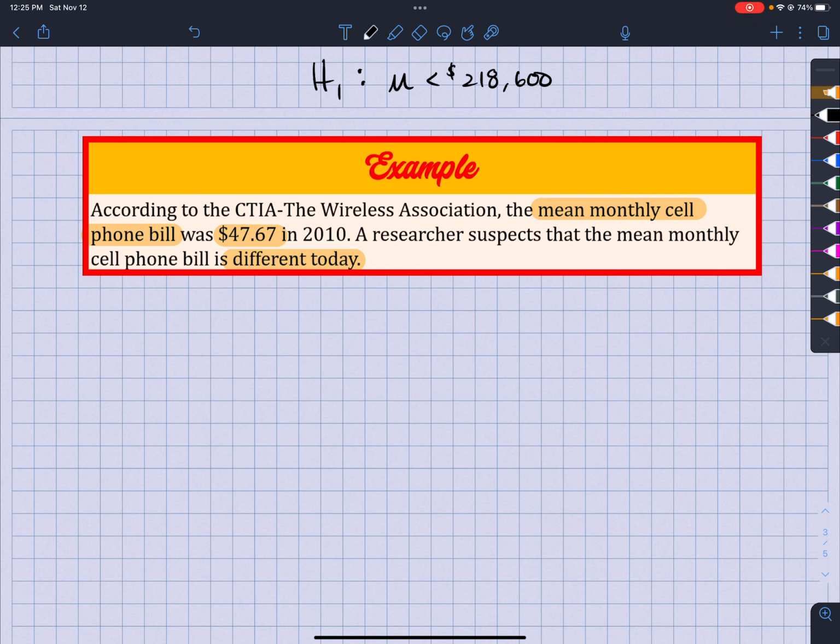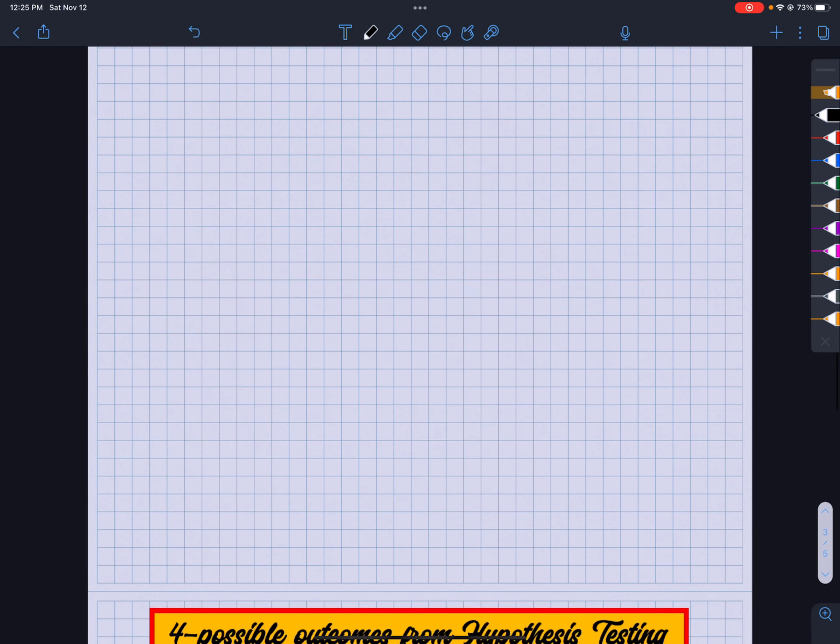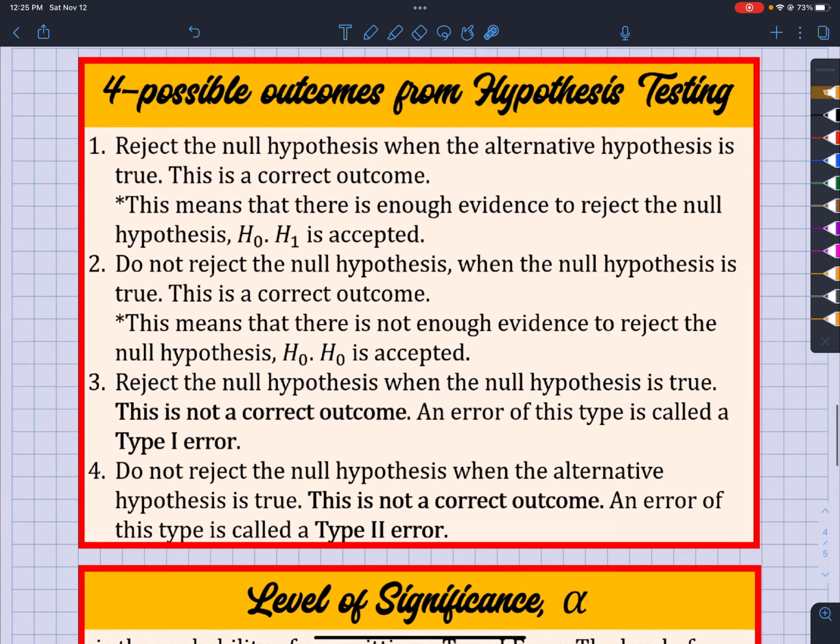And we're talking about mean again, so my null hypothesis would be that the mean is equal to 47.67, and my alternative hypothesis would be that the mean is different, so it doesn't equal 47.67 anymore. So that's how you take a word problem and come up with the null and alternative hypothesis.